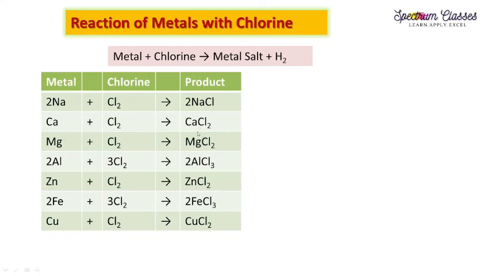Magnesium is again having 2+, so if you do the cross, you will get MgCl2. In this manner you can do these reactions, and these are all ionic. Ionic means ions are formed. If we dissolve these chlorides in water, they separate into plus and minus ions, cation and anion.